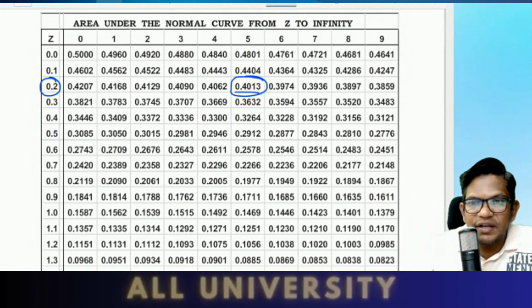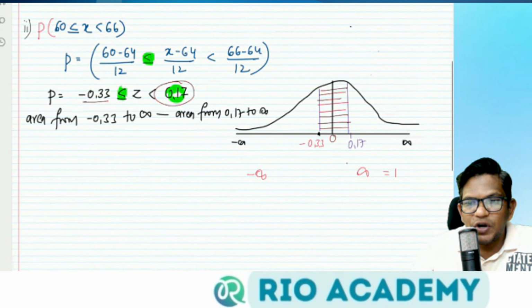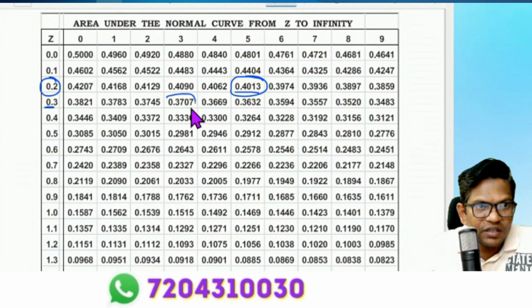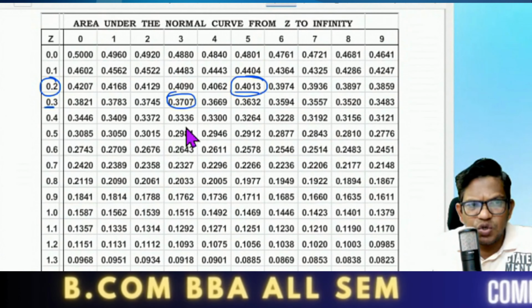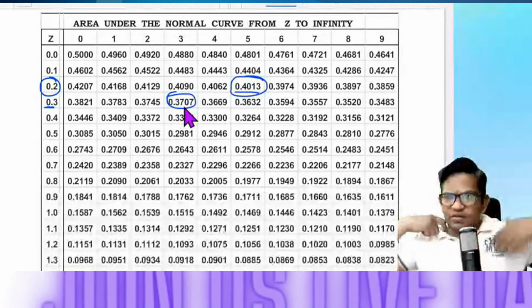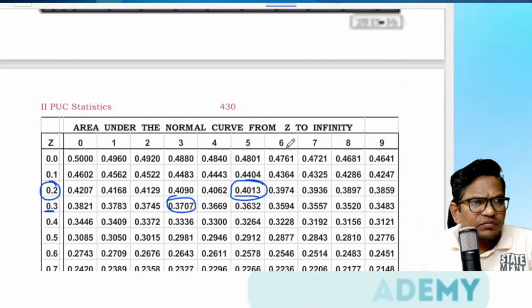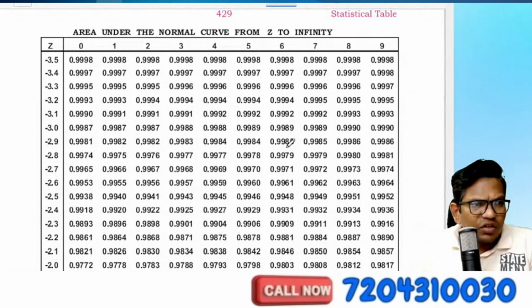What we have here is 0.33 to infinity. So 0.33 to infinity is how much? This one does not come, there is a minus in it. Here it is. Minus 0.0123, 0.6293.